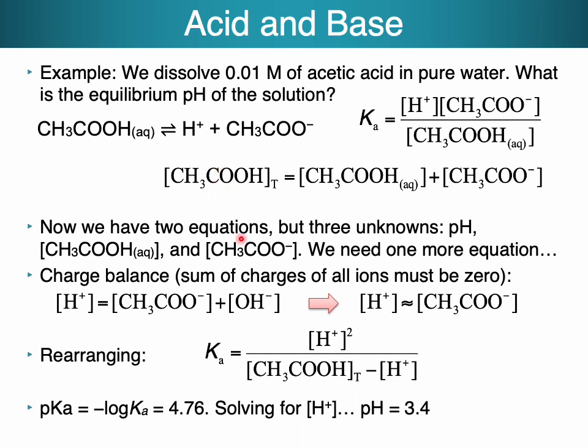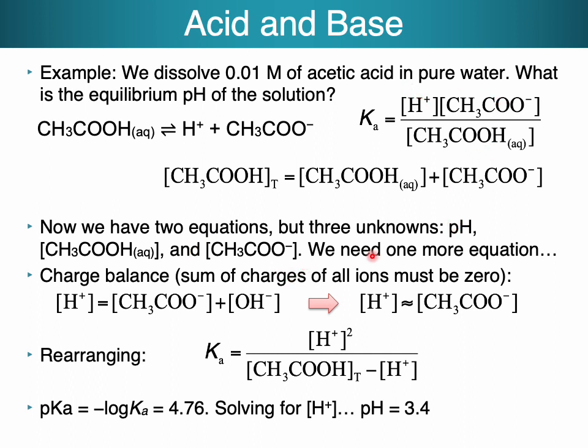Now we have two equations, right? One equation here and another equation here. But we have three unknowns, right? We don't know this, we don't know this, we don't know this, which is, of course, equivalent to pH, because we know pH is negative log 10 of this. So we have three unknowns. We don't know pH, we don't know this, we don't know this.